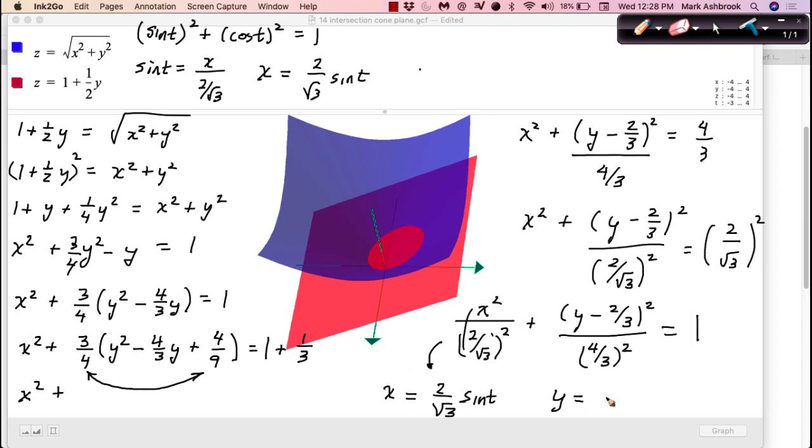All right, and then in this case we're going to get cosine t equals y minus 2/3 over 4/3. So then y equals 4/3 cosine t plus 2/3.